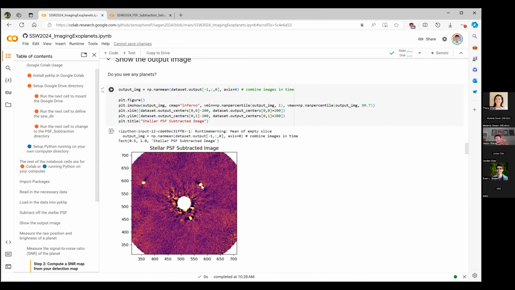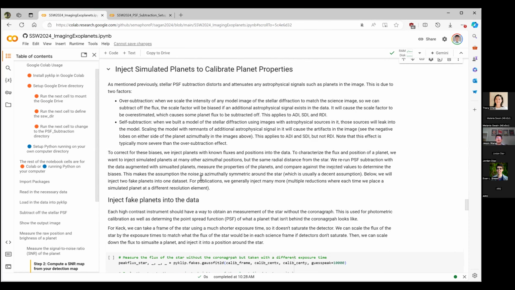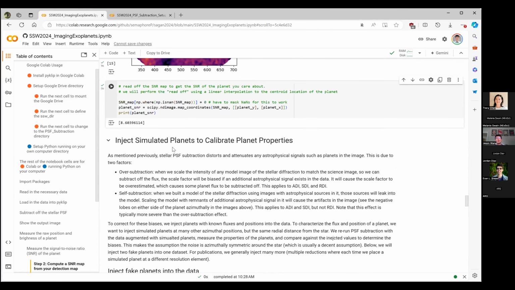This is because the PSF subtraction process actually suppresses some of the flux of the planet in addition to suppressing the glare of the star. So in order to fix that, we have to calibrate for it, and we calibrate for it by injecting fake planets into the data.